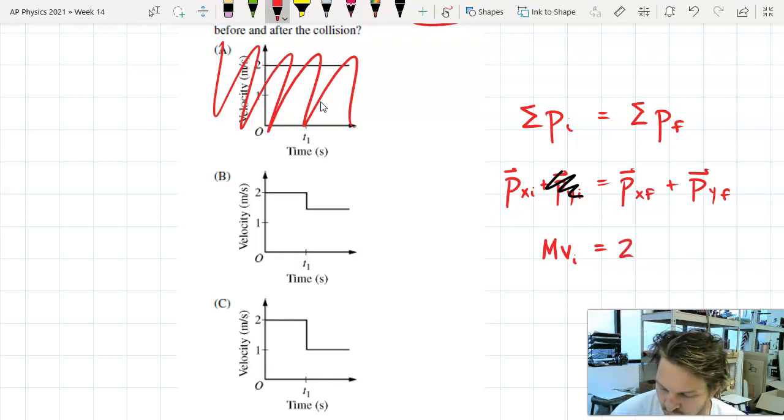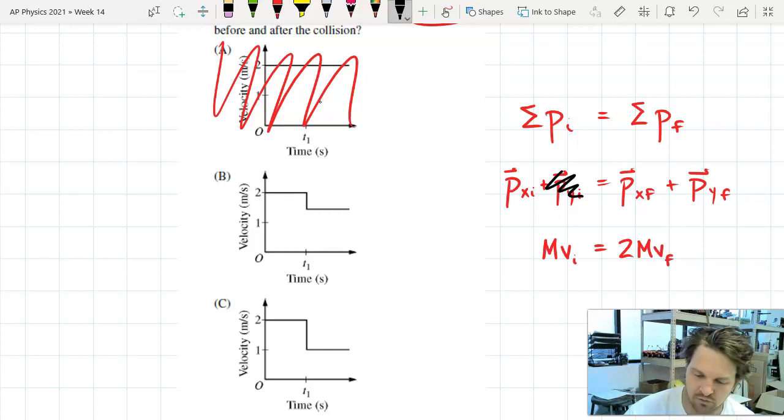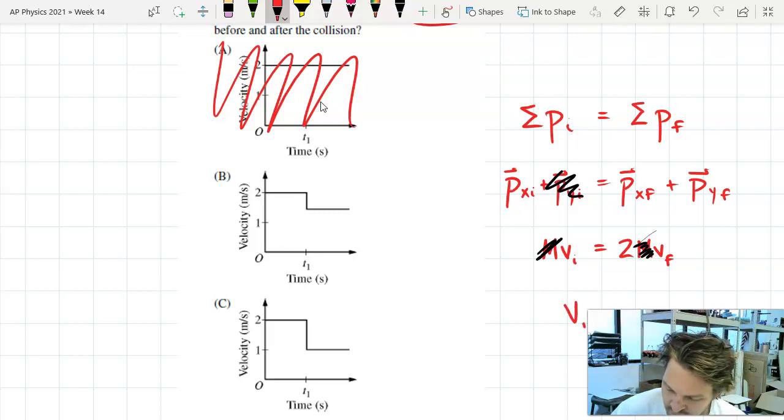So this is 2M, V, final. So let's see what happens. M's can cancel. Right, and you see that V final is 1/2 the original velocity.